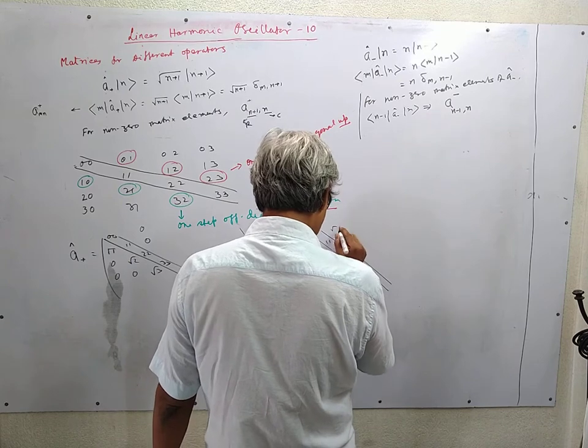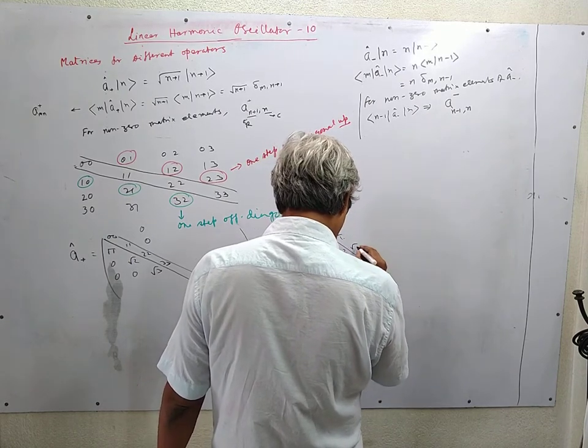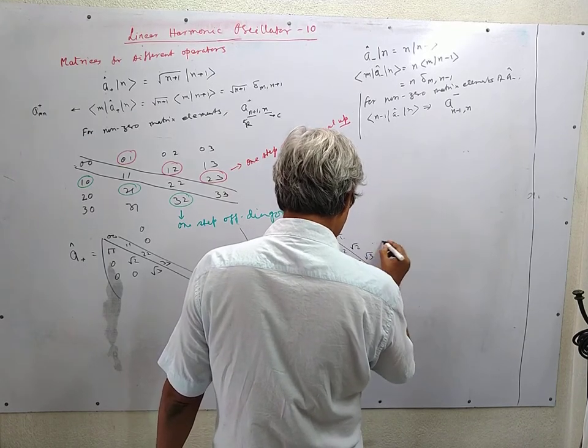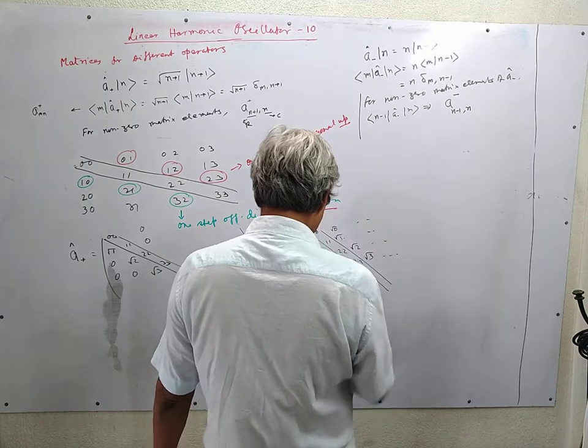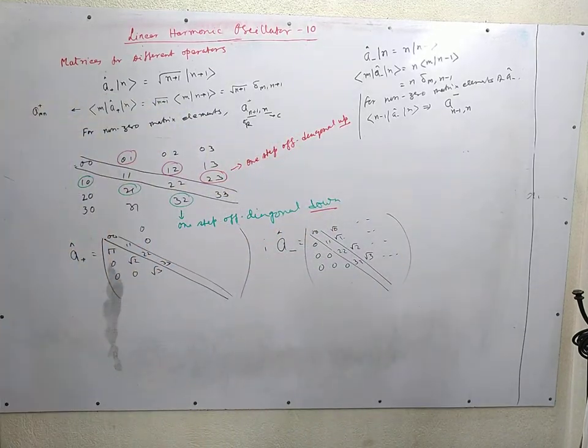Sorry, this is 0, and so on and so forth. This is the matrix of A minus.